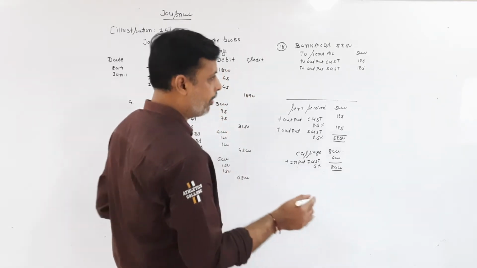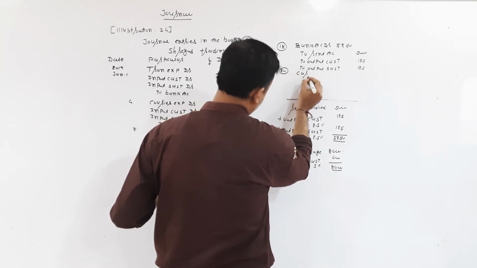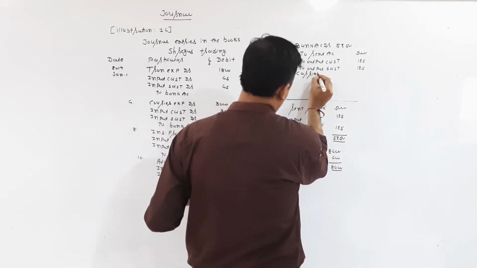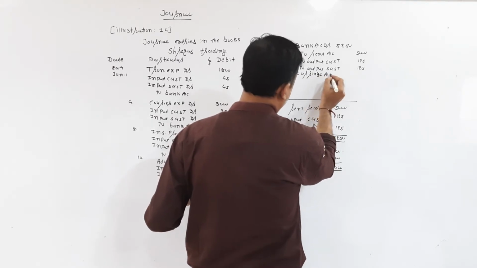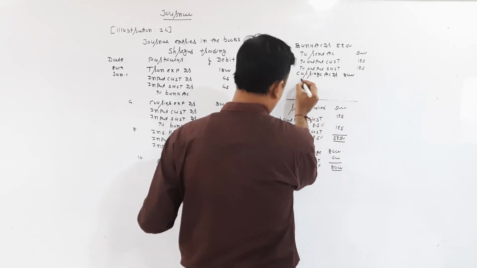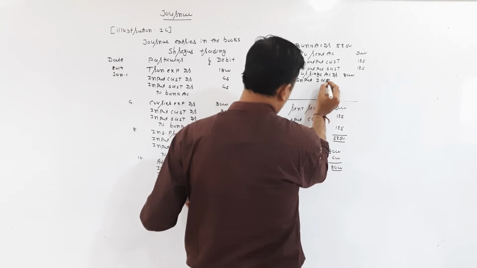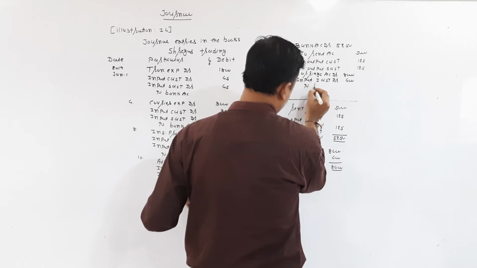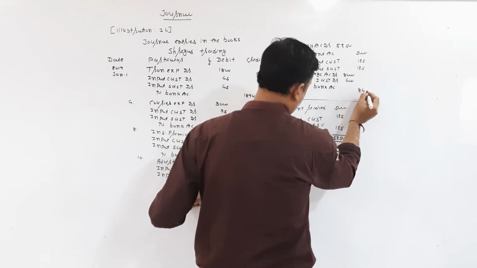So number 20: carriage account debit 8,000, input IGST account debit 400, to bank account 8,400.